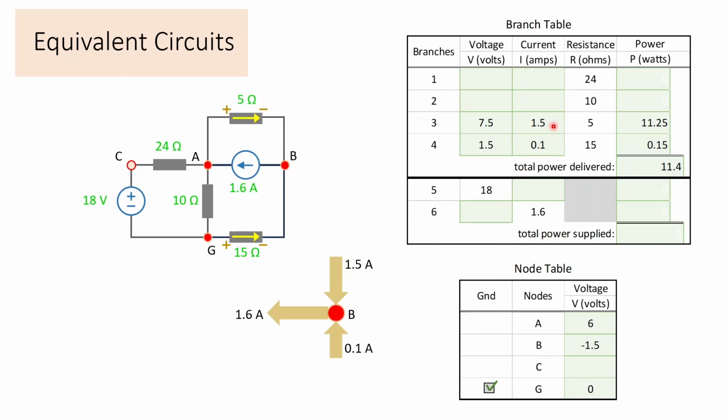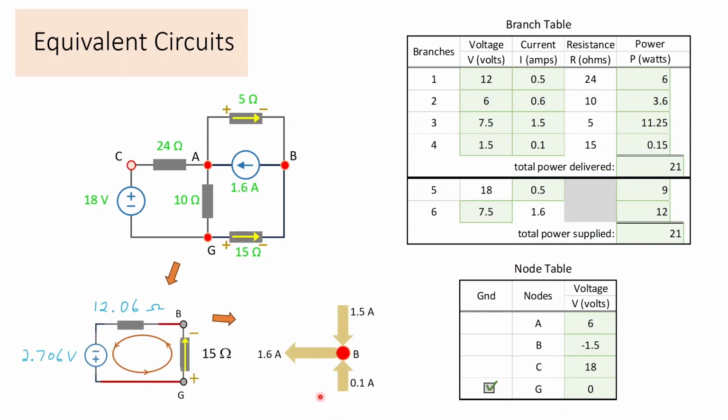So with the 1.5 amps in for the 5 ohms, that gives me 7.5 volts, and I can end up completing some of the node table as we discussed earlier, and we're actually able to complete the entire table just from those steps.